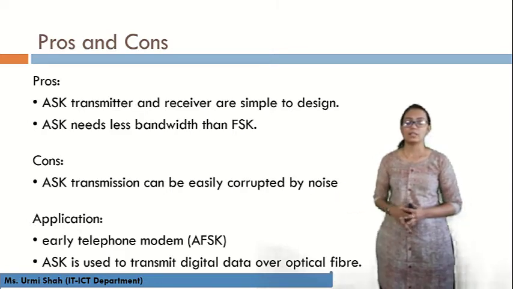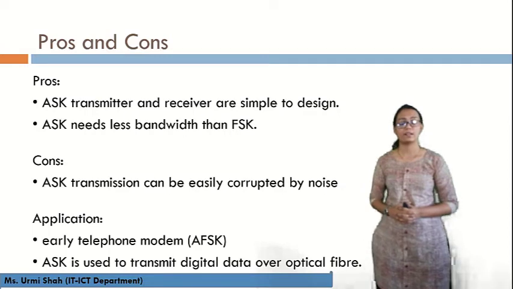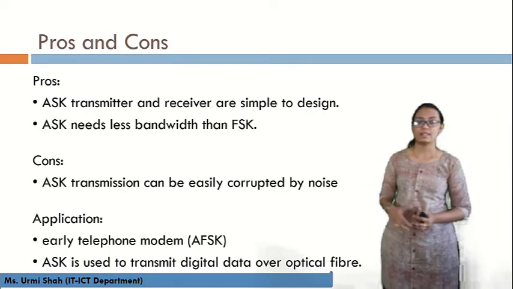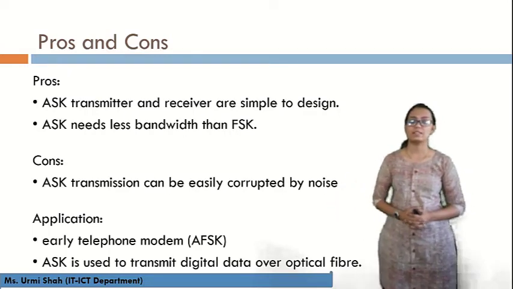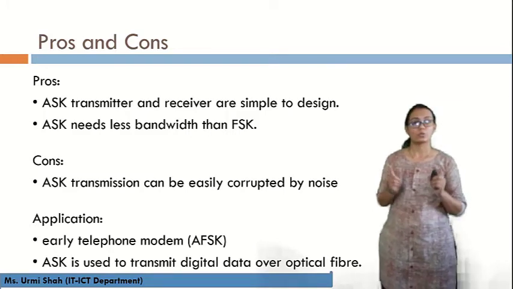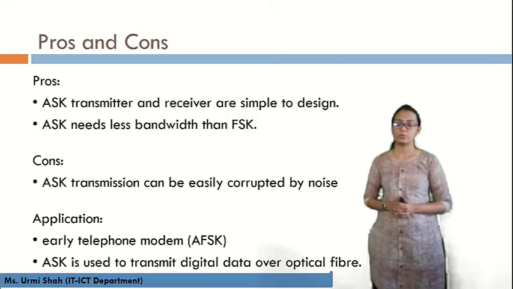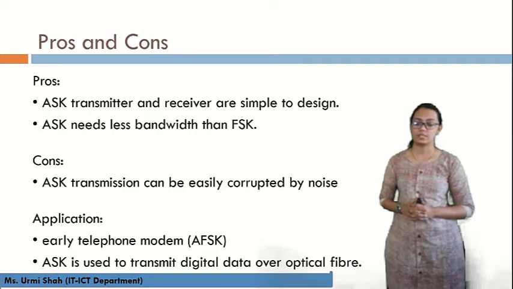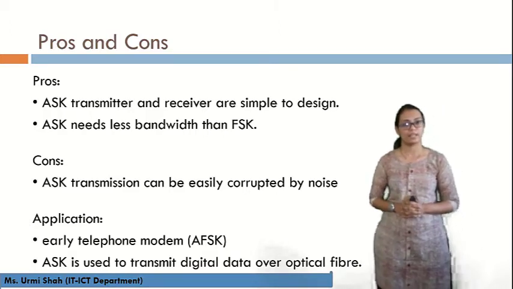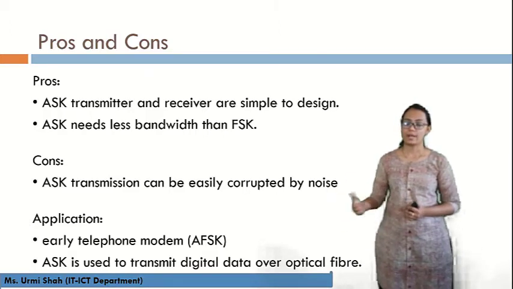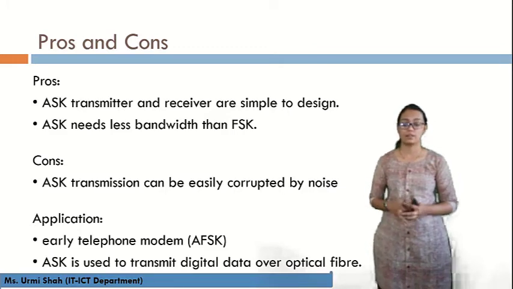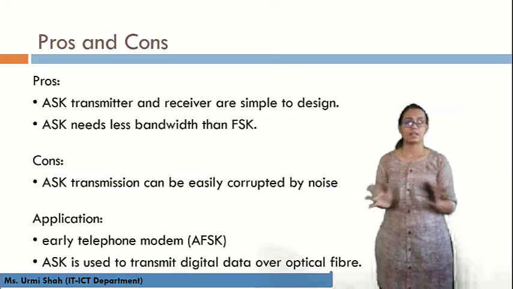The disadvantages of ASK signal are: ASK transmission can be easily corrupted by noise. So noise immunity is very low for the amplitude shift keying demodulation technique. Now what are the applications where this ASK, FSK, PSK are utilized?